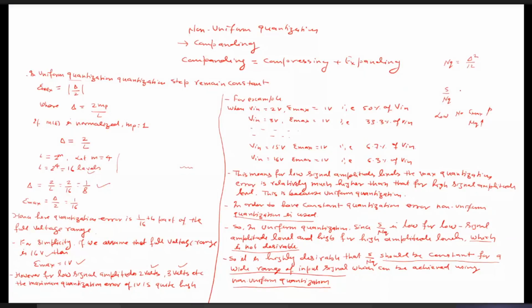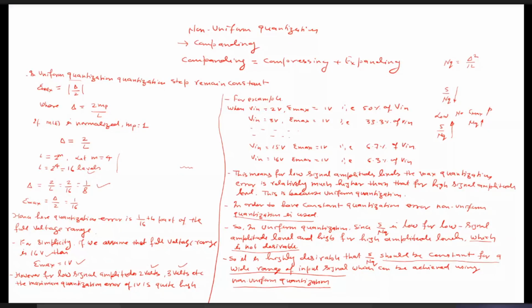Whereas at high amplitude, the signal power is also high, and the quantization noise is low. So ultimately, the signal to noise ratio increases at high amplitude. But it is not preferable in communications or during the quantization process that at lower amplitude the signal to quantization noise ratio is less, and at higher amplitude it is more.